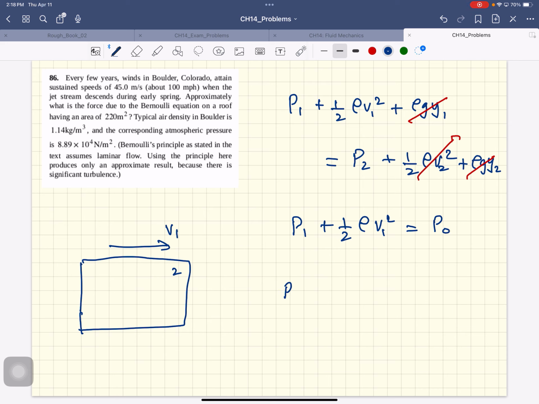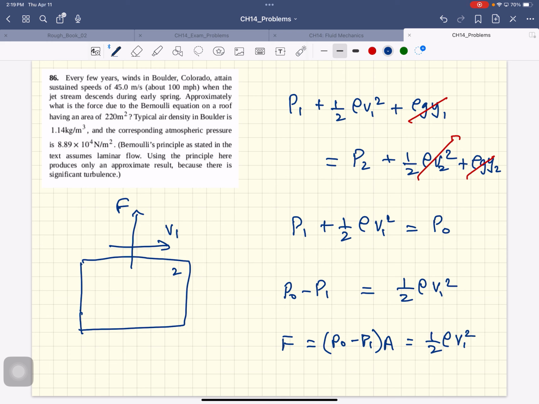Okay, so P naught minus P1 equals 1/2 rho V1 squared. Okay, so the net upward force is that times the area of the roof. All right, so now we can put in the numbers.